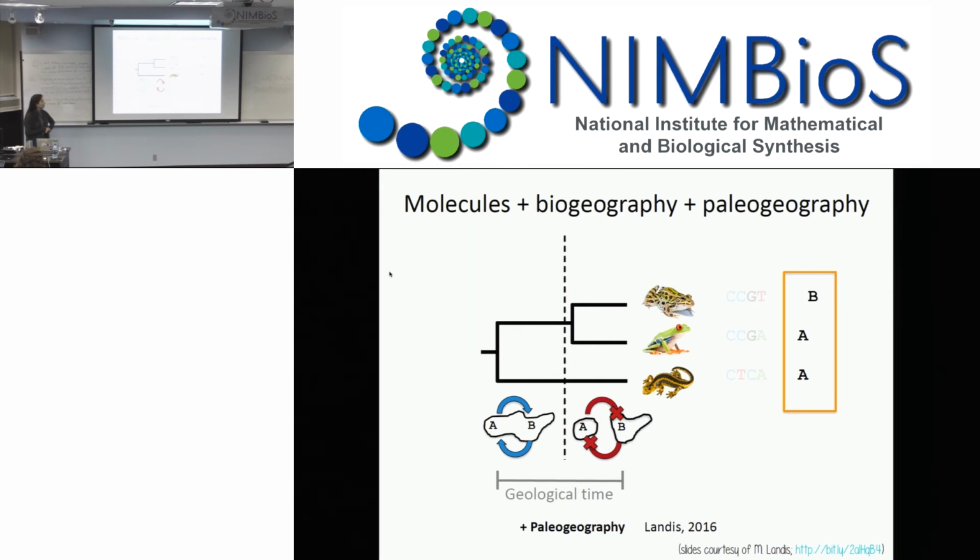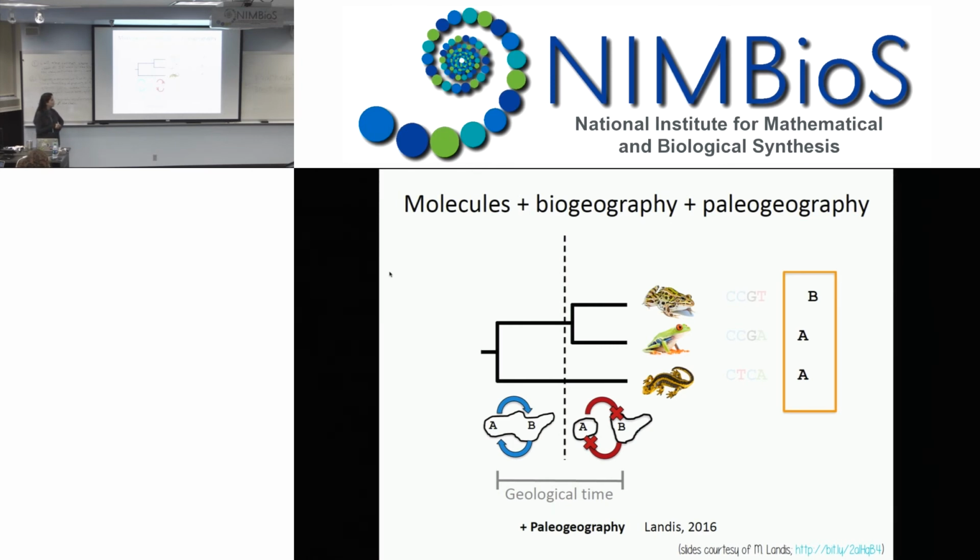And here's the concept of where we might actually have biogeographical information for some species in our group, and we have some model of how that biogeography allowed organisms to go between areas in the biogeographic history. So for this group, let's say they're found in 2 areas, and we know at some point in time those areas were contiguous and species could go between A and B, and then after some point in time A and B were no longer accessible, so you couldn't go from one to the other.